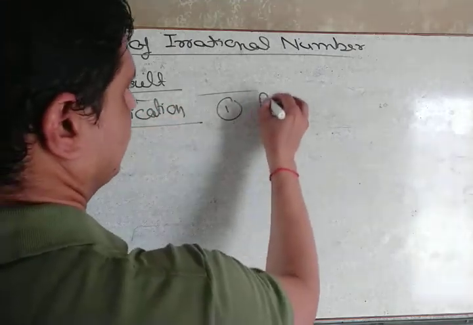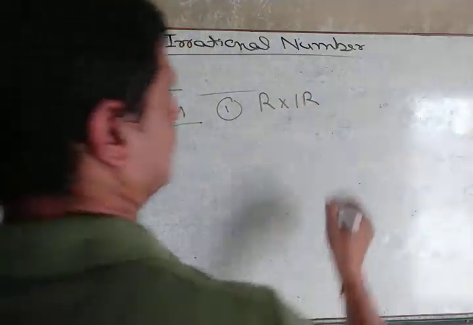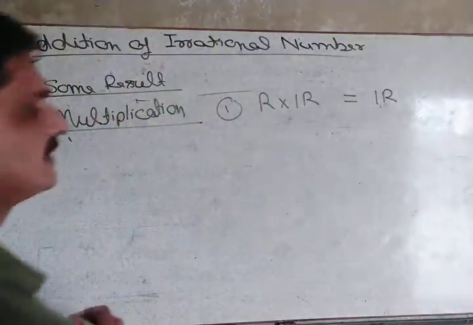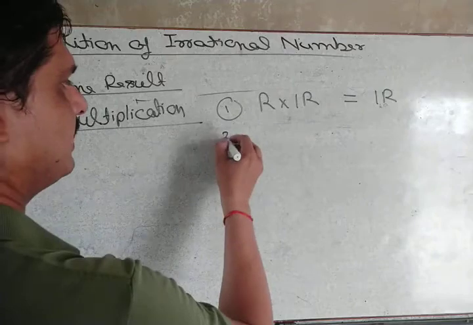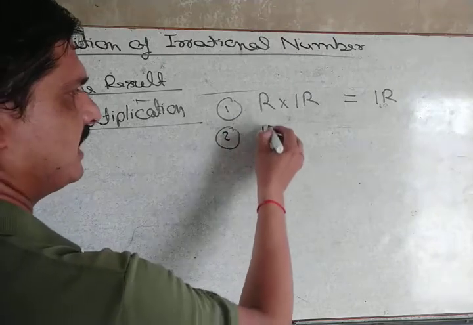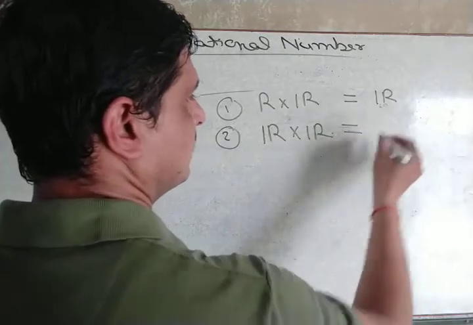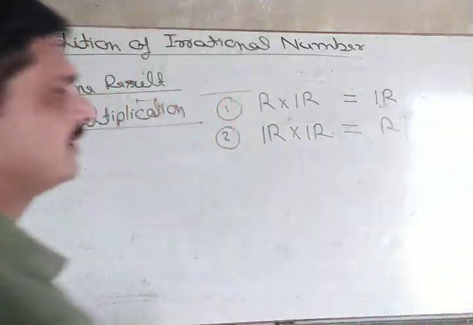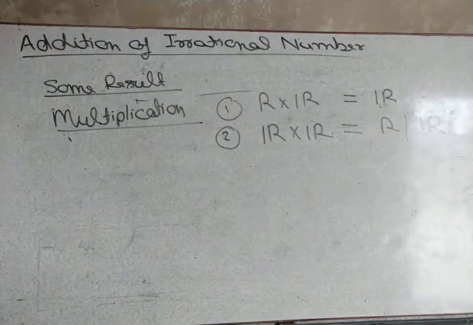When we multiply a rational number with an irrational number, we always get what? An irrational number. Okay? But when we multiply an irrational number with an irrational number, the result may be rational or irrational. For this, you can take examples yourself. For the second, I am quoting some examples.